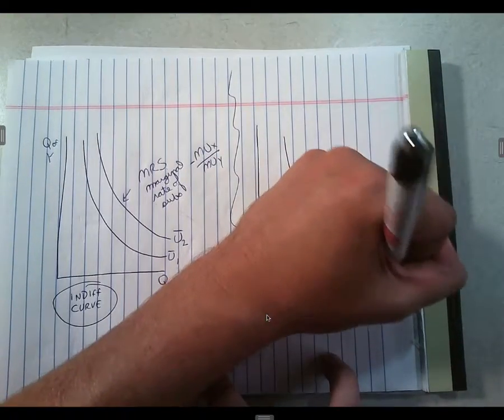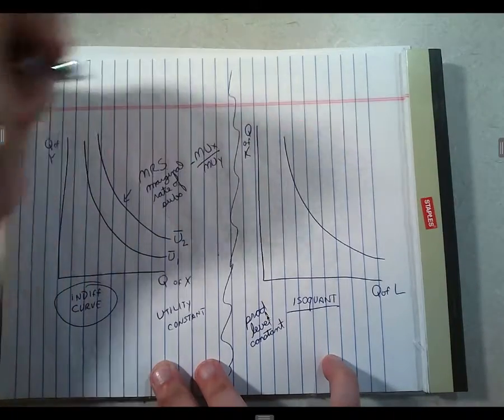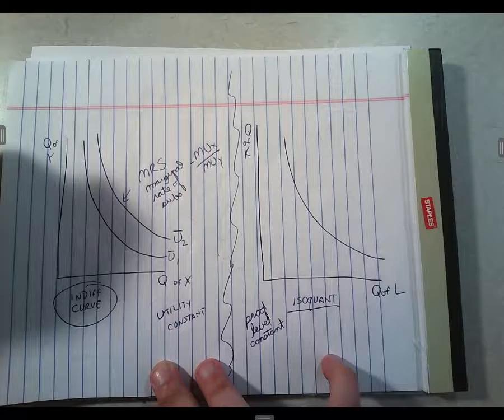And what I'm saying here is that I have a quantity of labor and a quantity of capital, capital spelled with a K because it was originally German, Kapital.